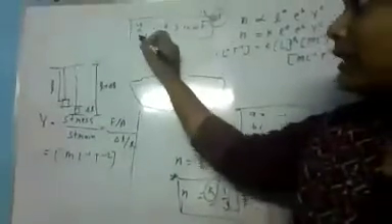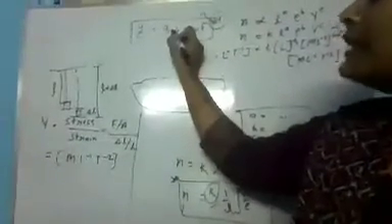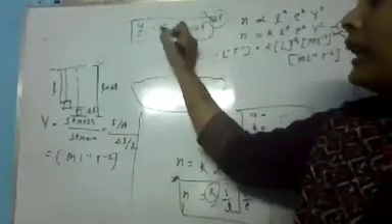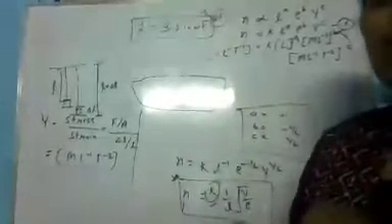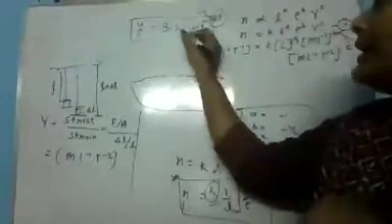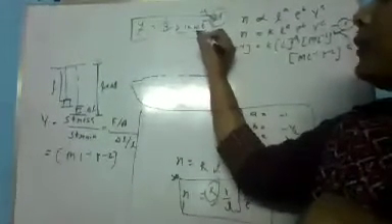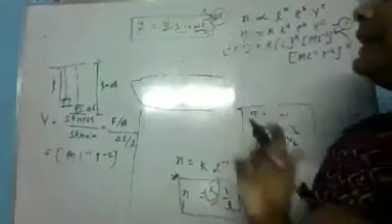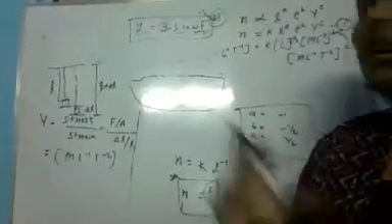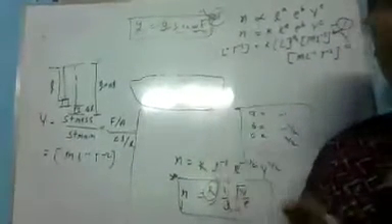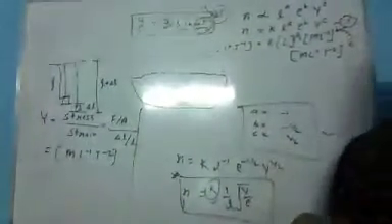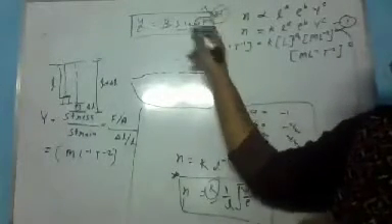So for now, just understand, y is a displacement, a is your maximum displacement, amplitude, and in sin omega t, omega is your angular velocity and t is the time taken. So the whole quantity will be dimensionless. Okay, this is your angular frequency and this is your time.